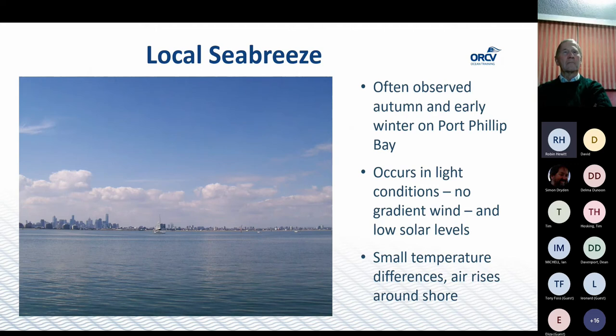And here's a picture of a very calm period like you get in early winter and in late autumn. The days are not very warm, and the temperature difference between the sea and the land is not very great.